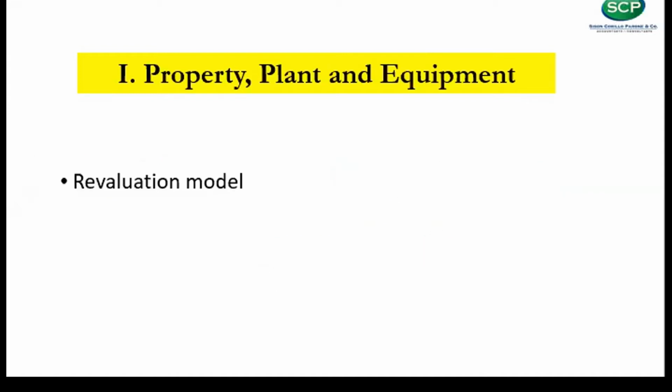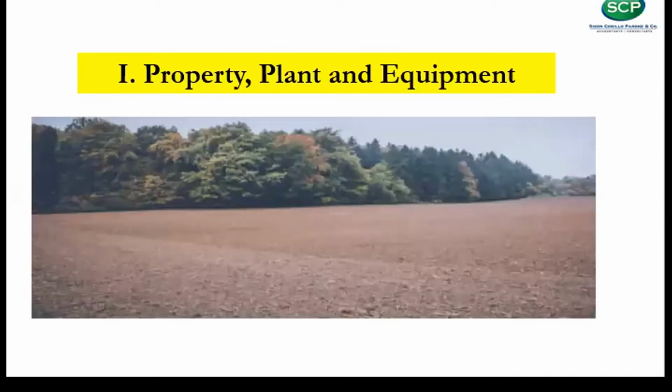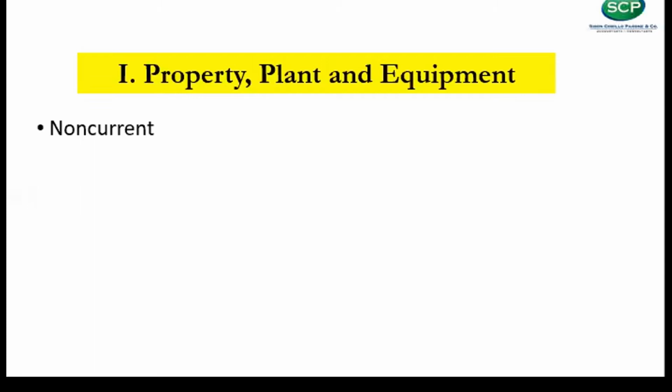The revaluation model, on the other hand, can be used when the fair value of the fixed assets can be measured reliably. Under this model, the fixed assets are carried at the revalued amount, less accumulated depreciation and accumulated impairment losses. Fixed assets are presented under the non-current assets section of the Statement of Financial Position.